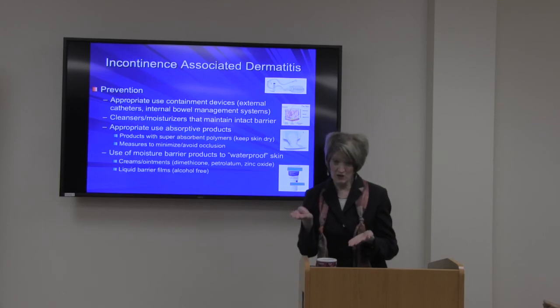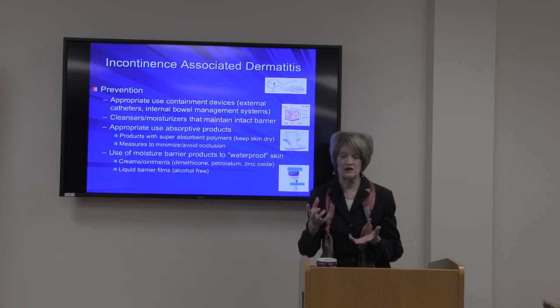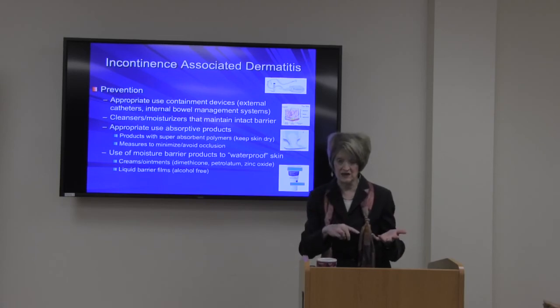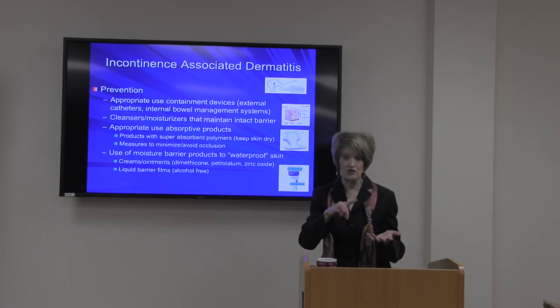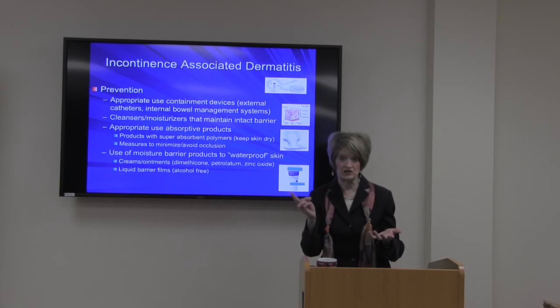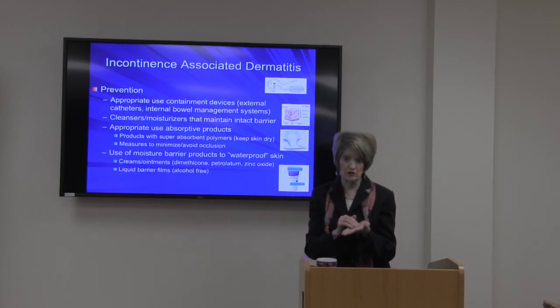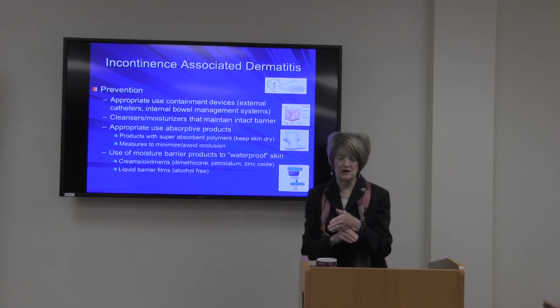Now your impregnated wipes do that automatically because they incorporate surfactants for cleansing and skin oils for maintaining the barrier function. Many of your moisture barrier products also incorporate moisturizers that replace lost lipids.